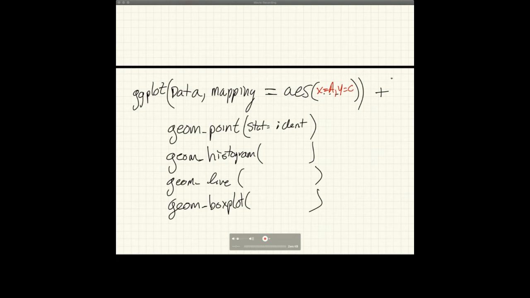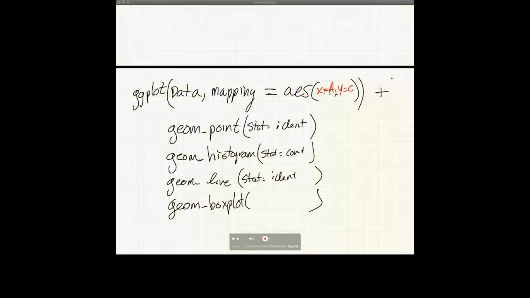It just takes the positions that are given to it and spits them out onto the plot. The stat for a histogram is normally count. The stat for a line is also normally identity. So we normally want to make a line by taking every single point of my input data and mapping that exactly to a continuous path across which I draw a connecting line, right? So normally the stat for a line is also the identity.